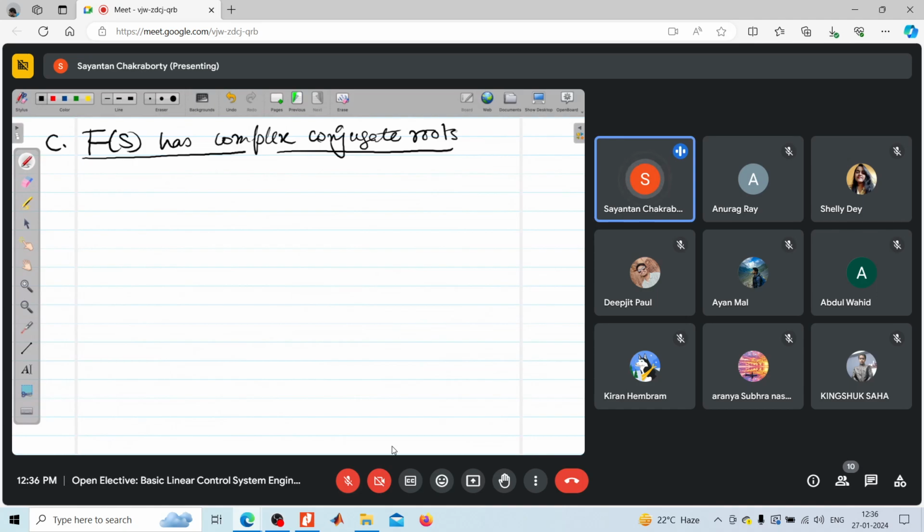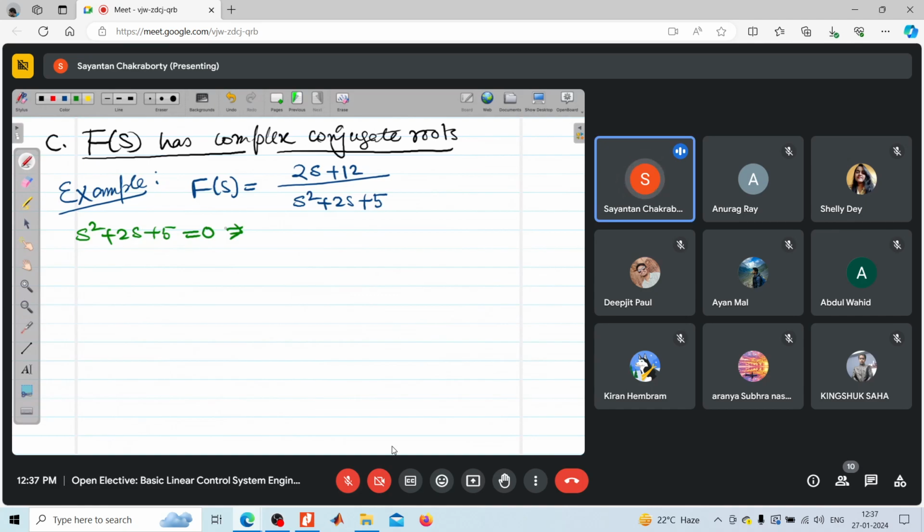Now suppose given a system like this, I'm just writing just directly to the example চলে যাচ্ছি। fs দেওয়া আছে 5, তার মানে এর রুটস গুলো কোথায় আছে বলো? that is s square plus 2s plus 5 equal to 0.